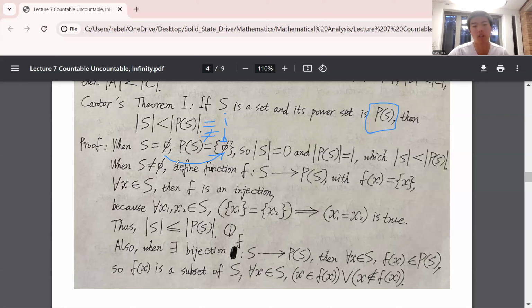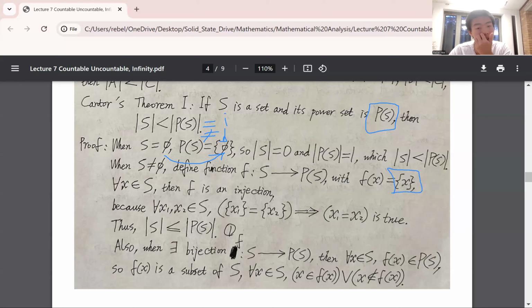So for more general cases, we define a function from S to the power set of S, where f(x) goes to the set {x}. Then this is an injection, right?